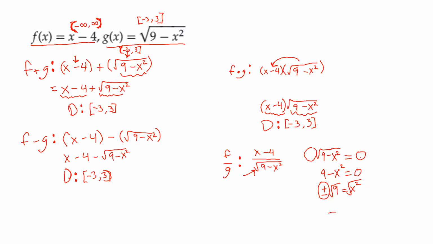So I get plus or minus 3 equals x. So this function here will equal 0 whenever x equals plus or minus 3. So now my domain is limited even more because I can't have a 0 in the denominator. So now it's negative 3 to 3 without including the endpoints.